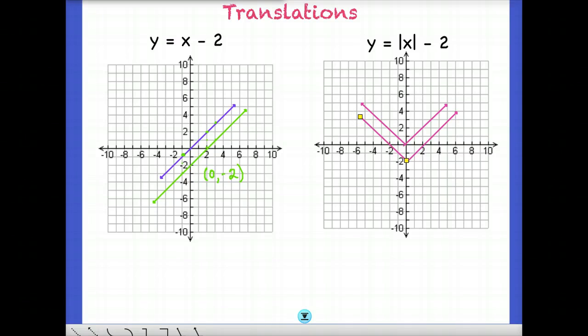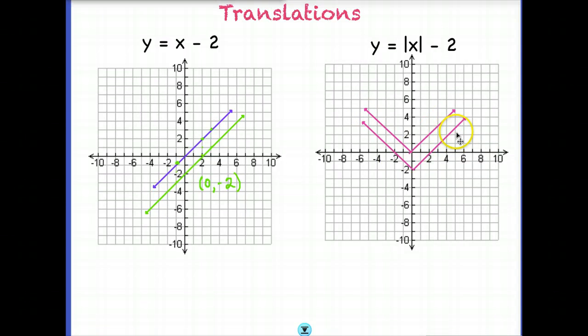All right, so as good as we can draw, you can see if I looked at each of these lines independently, they look parallel. I could prove it by counting the distance between each of the points, which is consistently 2, because I dropped down 2. And I can see it here too. There's 2, there's 2. So the sides of my absolute value V are parallel to my parent function.